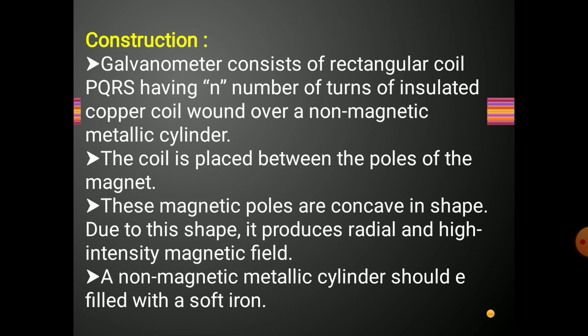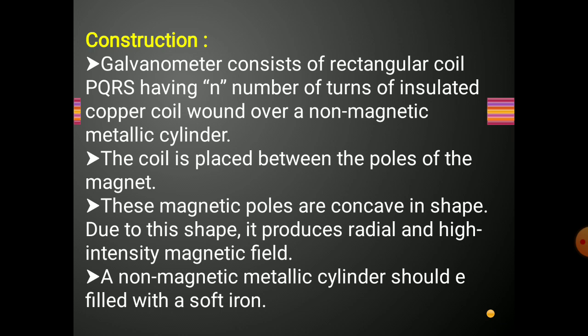Here we can see the galvanometer consists of a rectangular coil PQRS. It is a rectangular coil having n number of turns of insulated copper wire, wound over a non-magnetic metallic cylinder. The coil is placed between the poles of the magnet.